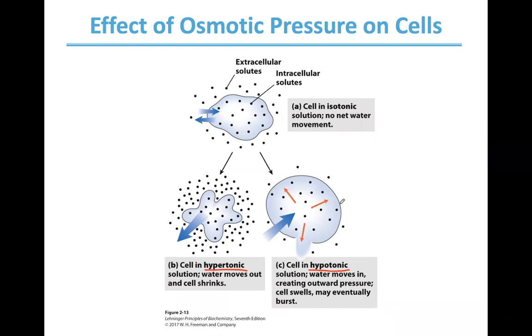So for that reason, bacteria, for example, have cell walls. We talked about that a little bit earlier. Our cells don't have cell walls, and in our bodies, osmotic pressure has to be regulated in many other different ways. It's very important for our cells to survive, to be able to regulate the osmotic pressure.